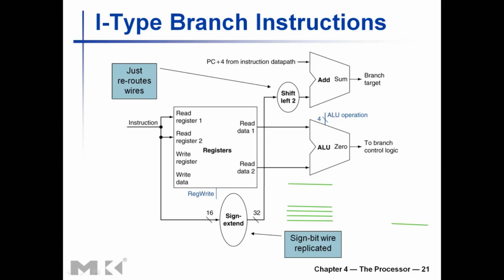You need to add a signal with 2 zeros. So let me draw the new 2 least significant wires here. Those are new zeros added, and then wire 2, sorry, wrong color, wire 2 going into the adder to compute the branch target is wire 0 of the incoming sign extended immediate value, right?